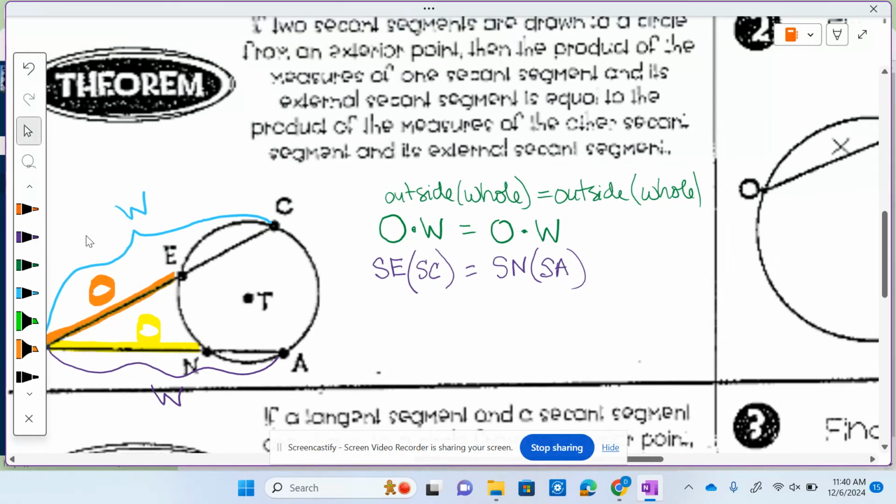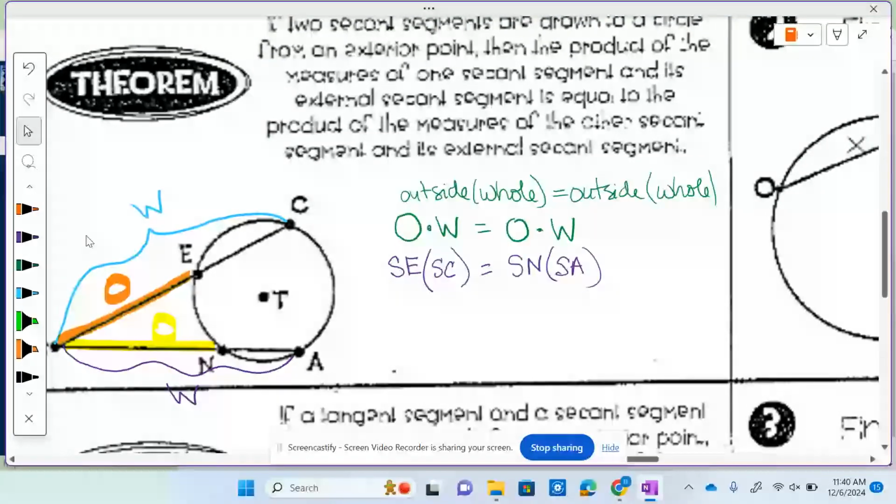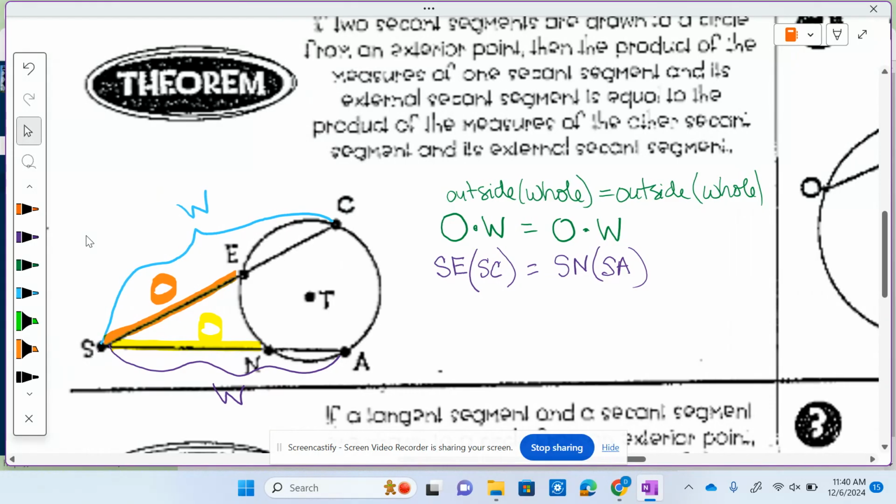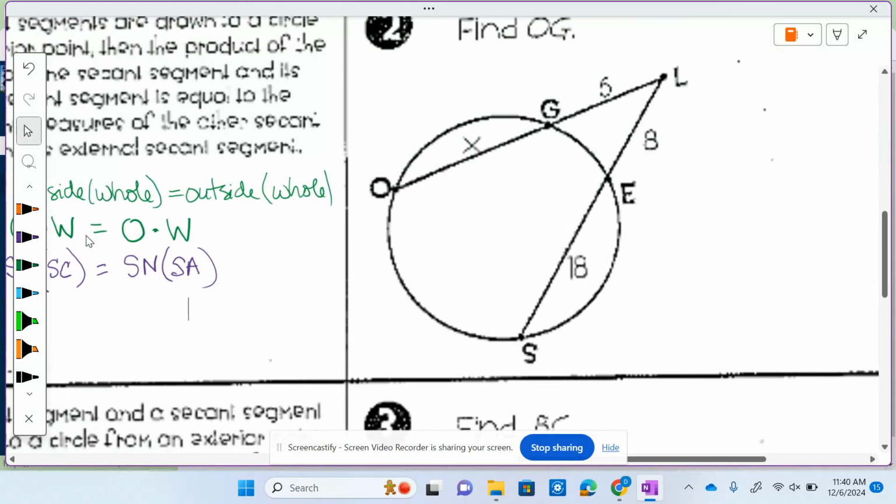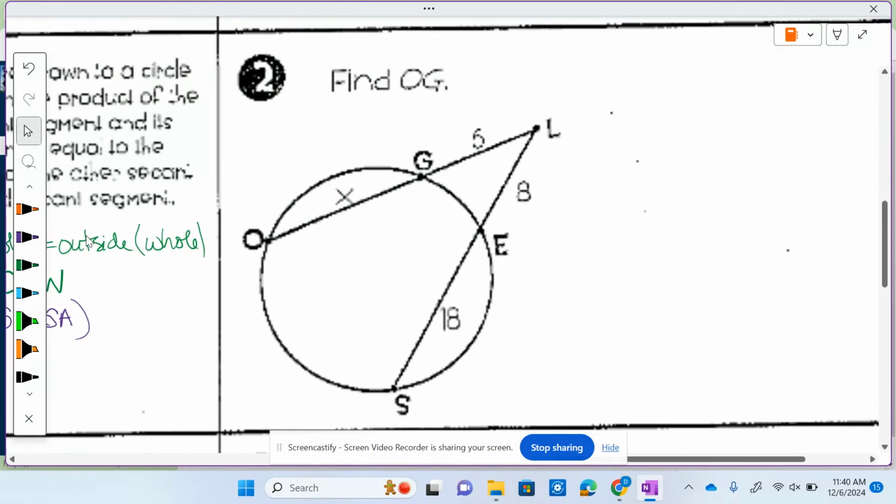So I'm going to, are we good for me to slide over? So we're doing a little bit of ow, ow. So outside, whole segment, outside, whole segment.